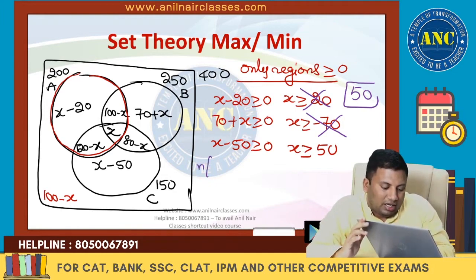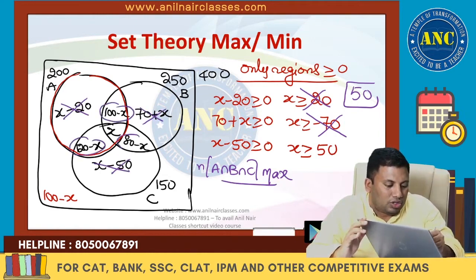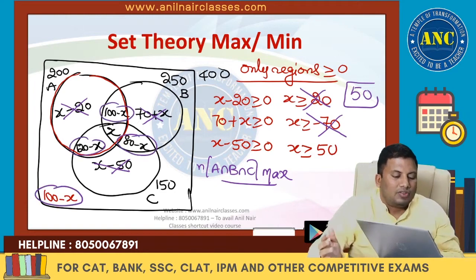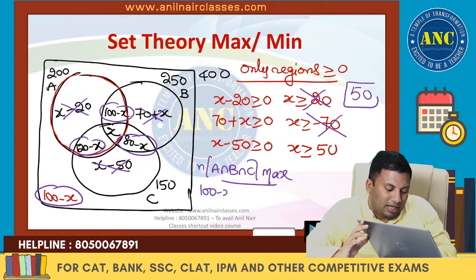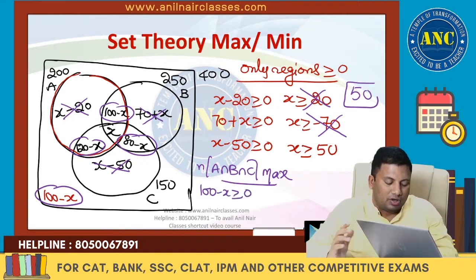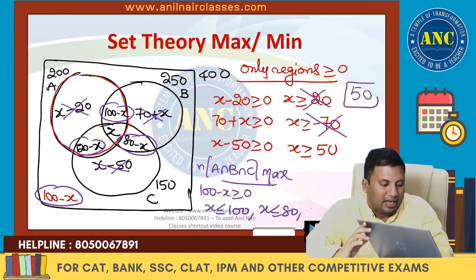I want n of A intersection B intersection C maximum value. For the maximum value, other than only regions we have to take these four. So 100 minus X greater than or equivalent to 0, these are X less than or equivalent to 100, X less than or equivalent to 80, X less than or equivalent to 120, X less than or equivalent to 100.